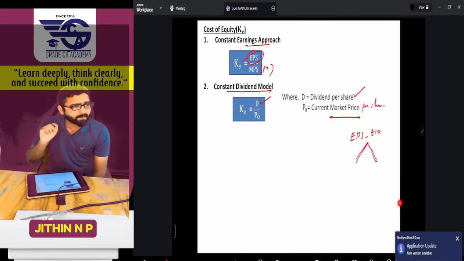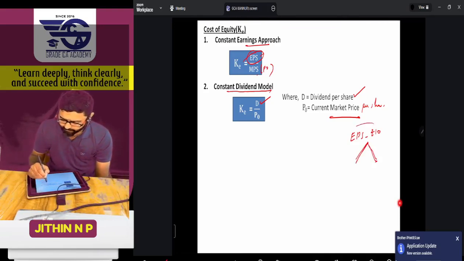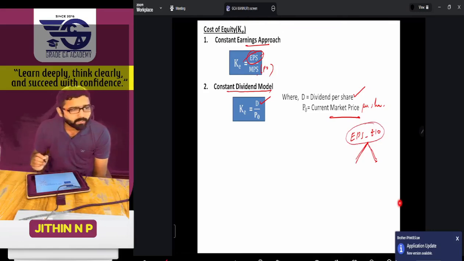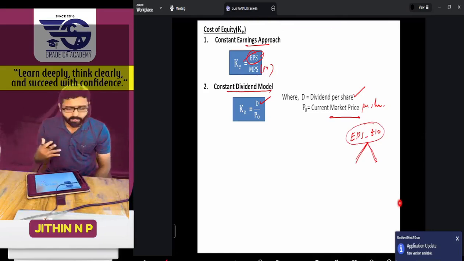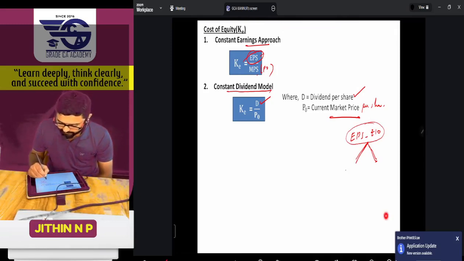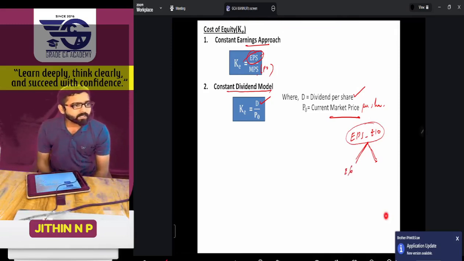This EPS means earnings per share. This full earning per share will not be paid to the shareholders. EPS is rupees 10. Suppose 60% of this EPS is paid as dividend. In that case, dividend will be 10 into 60%, that is rupees 6.